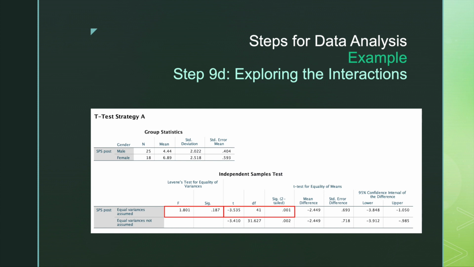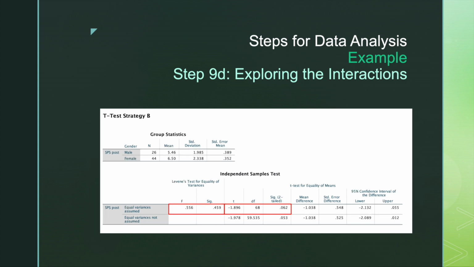So we can write our summary statement for this, which was females with a mean of 6.89 and a standard deviation of 2.52, with learning strategy A performed significantly better than their male peers, with a mean of 4.44 and a standard deviation of 2.02. And then I also include the t value. So I will include t, parentheses 41, close parentheses, equals negative 3.535, comma, p equals 0.001.